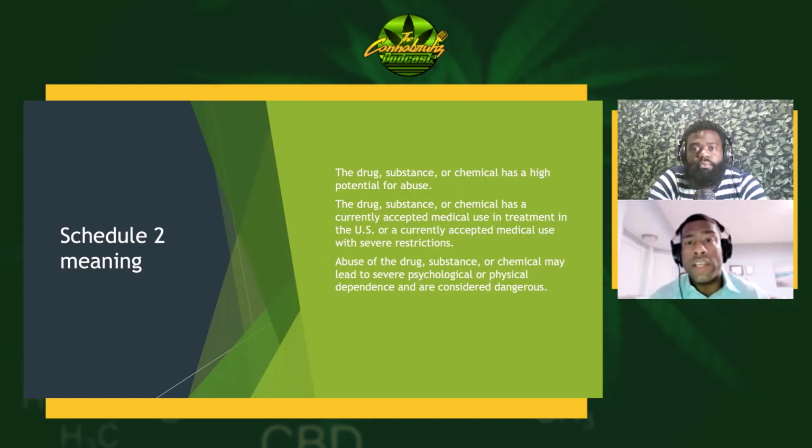All right, so then you get to Schedule 2. Similar to Schedule 1, the drug still has a high potential for abuse, but now it's generally accepted medically, with severe restrictions for that type of drug or substance. The abuse of the drug may lead to severe psychological dependence and can be considered dangerous.